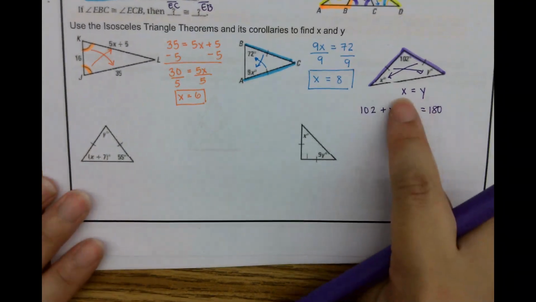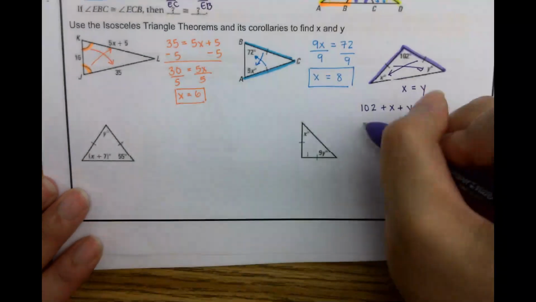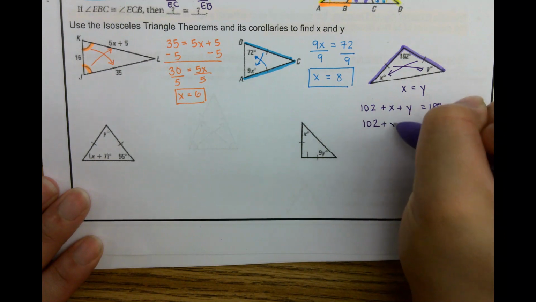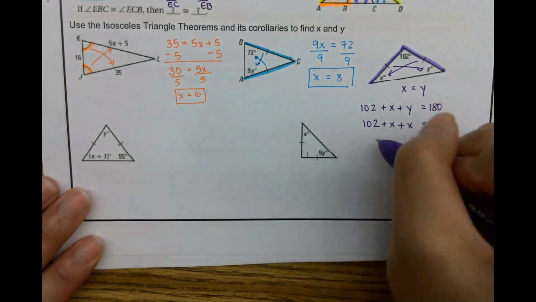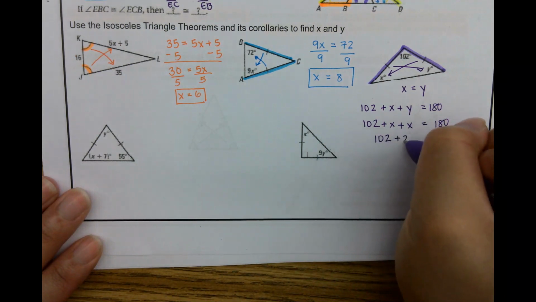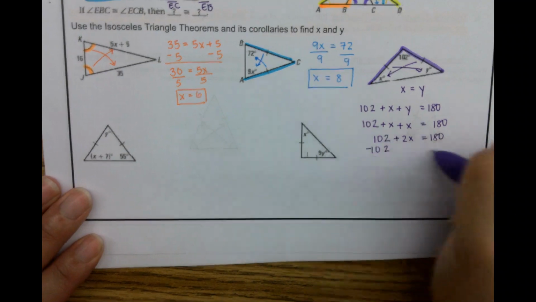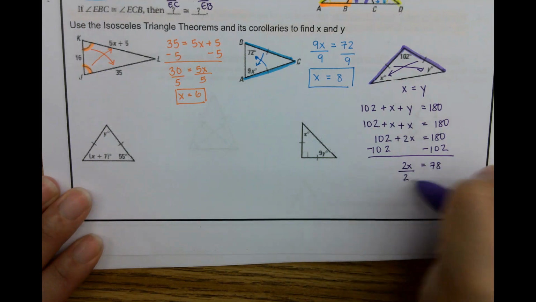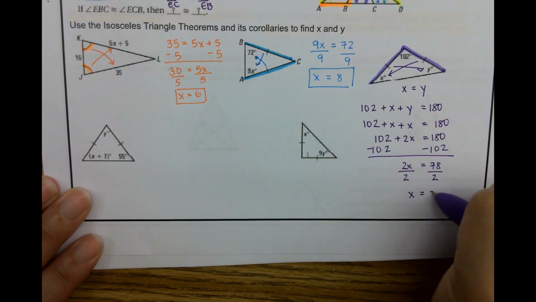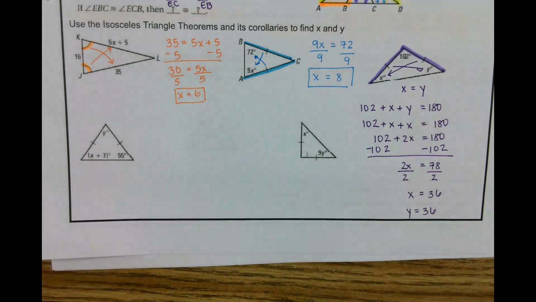And since x equals y, I can replace this y with another x, because they're supposed to be equal, which means they're the same. Okay. Then when I solve, 102 plus 2x equals 180. Subtract 102. 2x equals 78. Divide by 2. X equals 36, which means y equals 36.